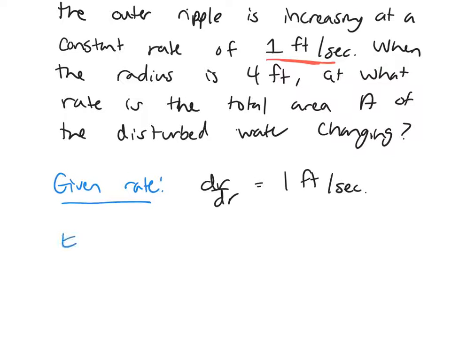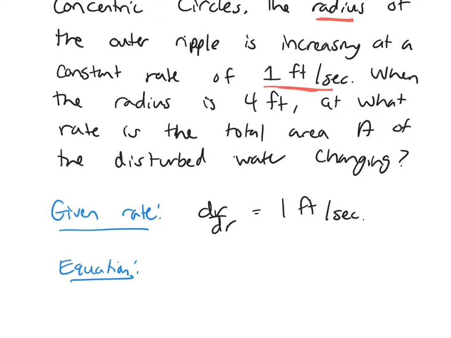And then what equation am I going to use here? We're talking about a circle, and we're also talking about area. So we're going to use the area formula for a circle. The area is pi r squared.